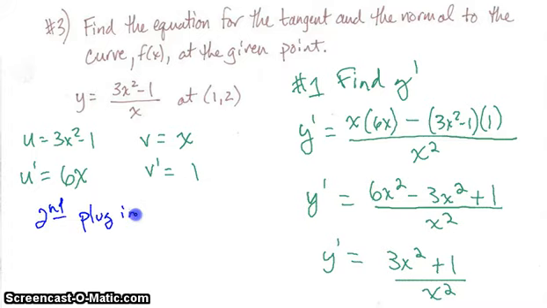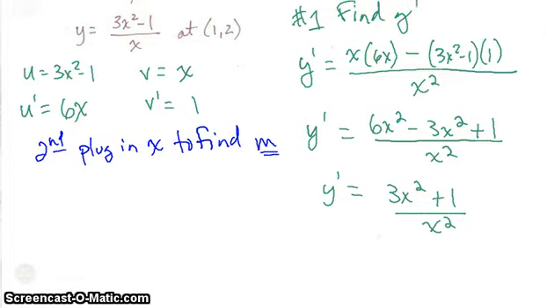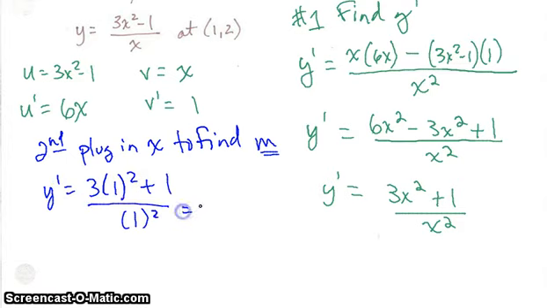Plug in x to find slope. Okay, so if I do that, keeping in mind what I have, y prime is equal to 3 times 1 squared plus 1 all over 1 squared, which is equal to 3 plus 1 over 1, which is 4.